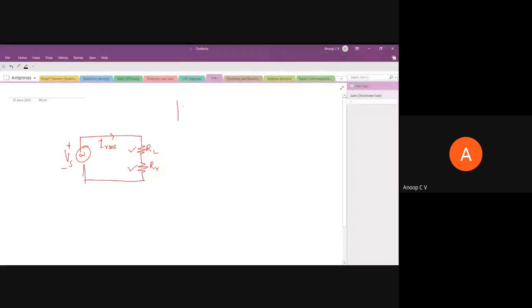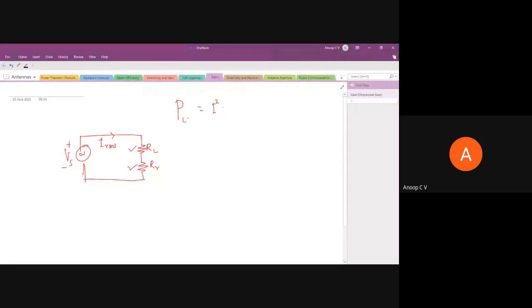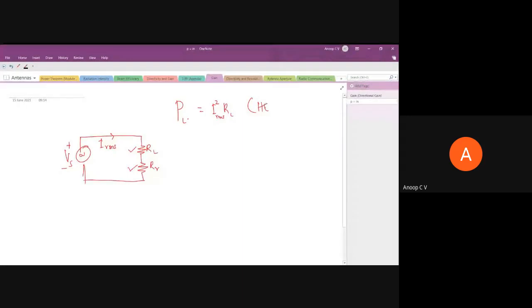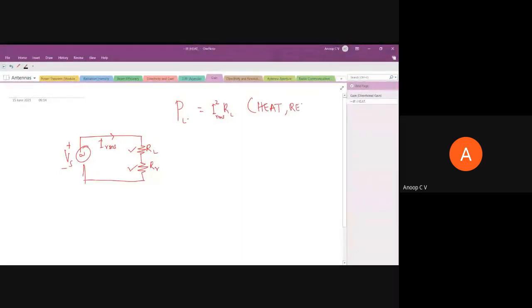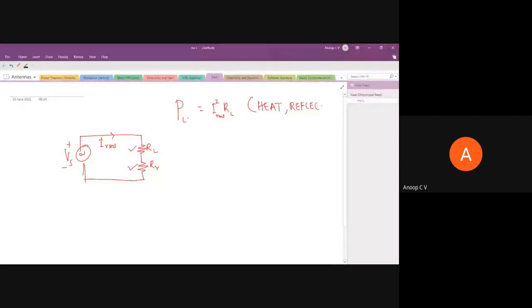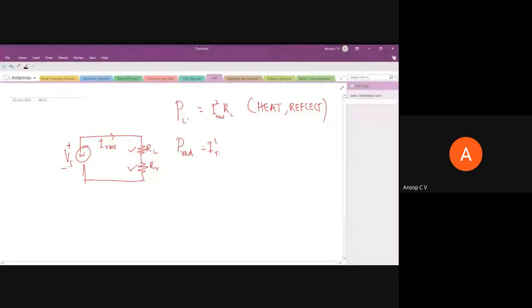So power across the loss resistance, PL, will be equal to I RMS squared times RL. This will be dissipated as heat, or a part will be reflected back. And power radiated is I RMS squared times RR.